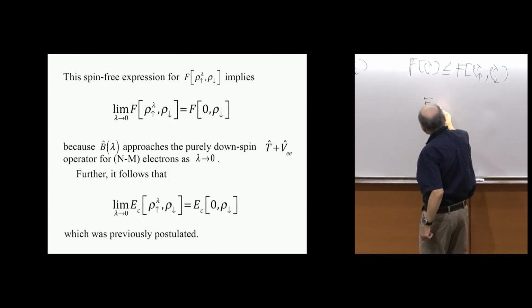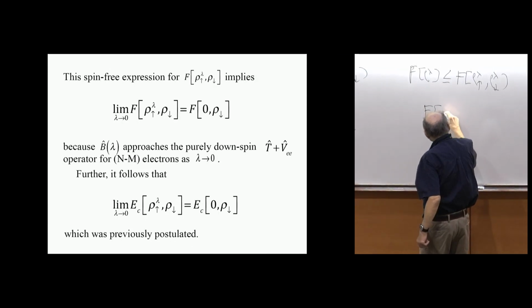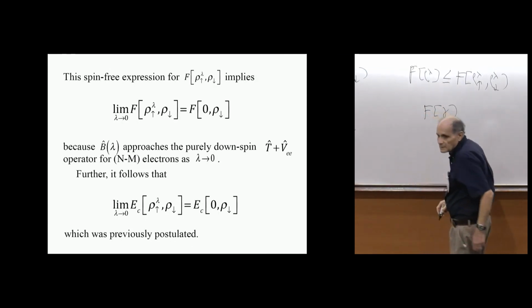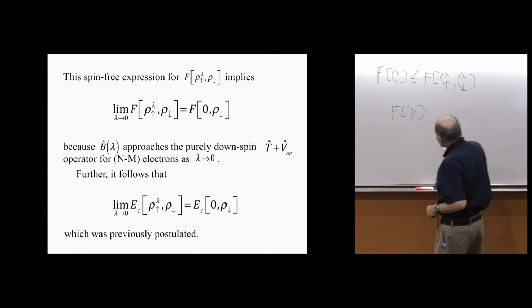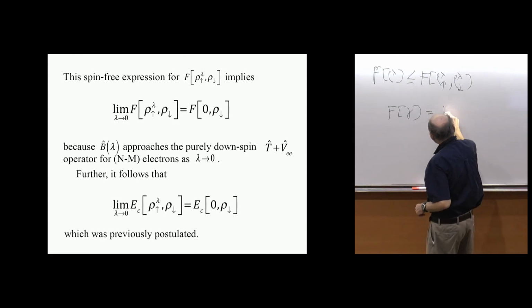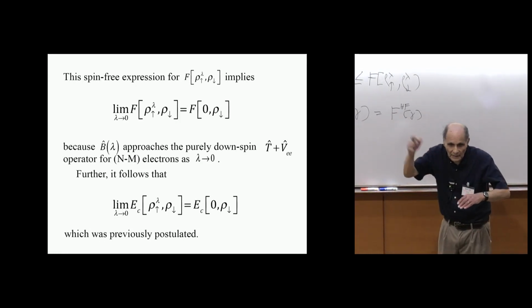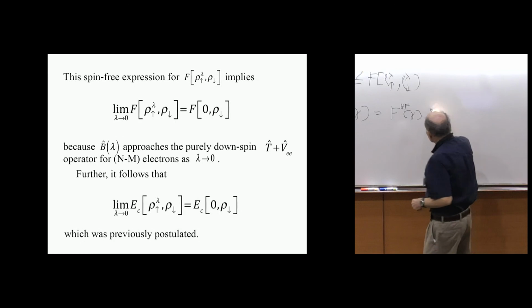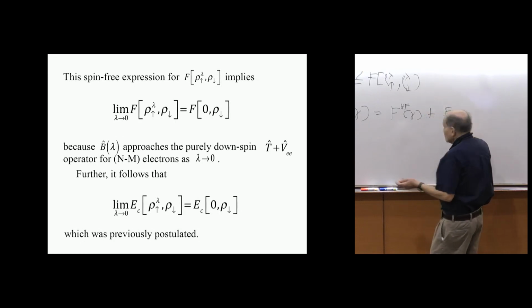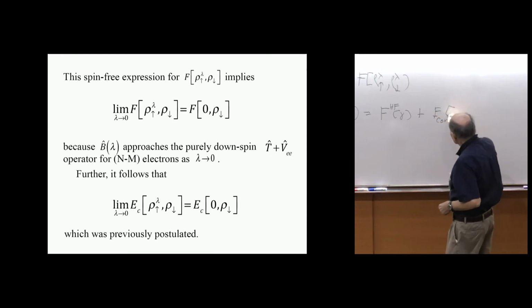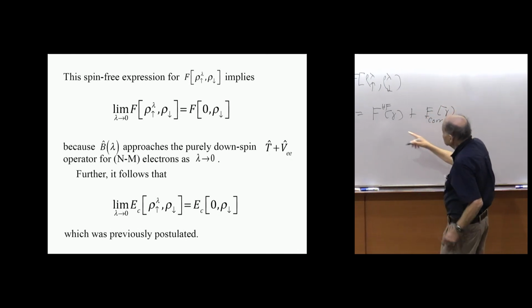So if you have F of gamma, the density matrix, you start off with the Hartree-Fock form, where you're allowed fractional occupation numbers, because of that inequality in Lieb's paper, and then you have a correction, which you can call the correlation of gamma.